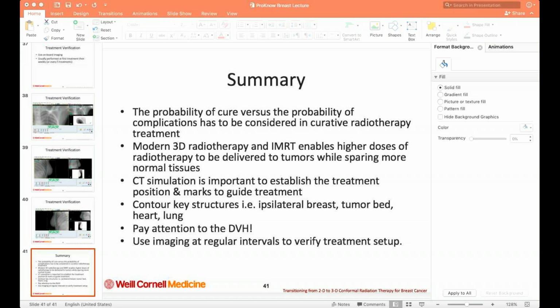But if we're able to, and we can confirm that this person has a small tumor burden, 2 centimeters or less, they're ER/PR positive, and they don't have any positive lymph nodes, then we usually treat just the lumpectomy bed with 5 fractions of 6 gray apiece. That hasn't been shown to have worse side effects or worse cosmesis compared to 15 fractions of breast radiation. And the recurrence rate was 1% at 5 years, so it doesn't compromise the recurrence rate either.